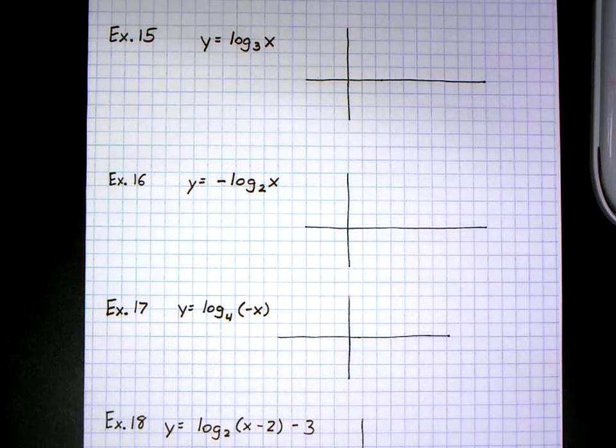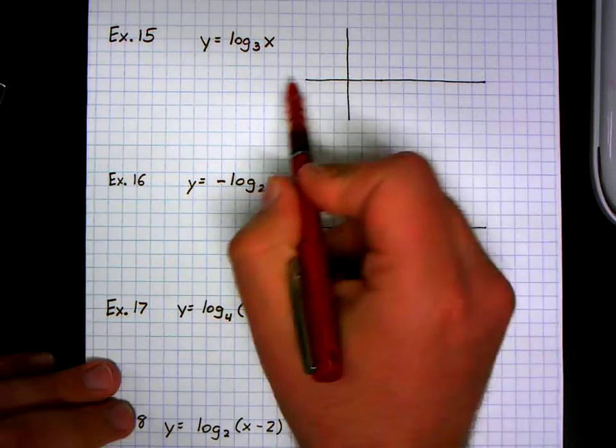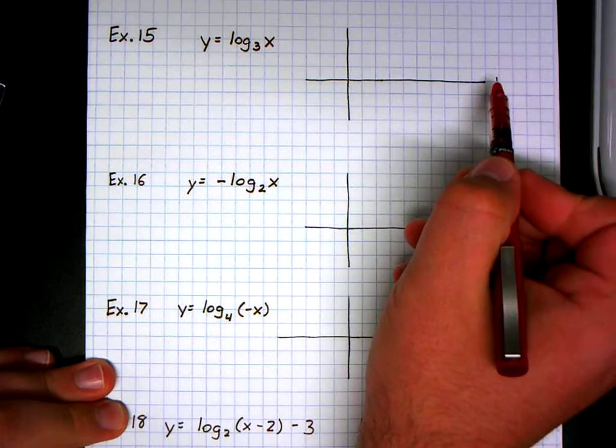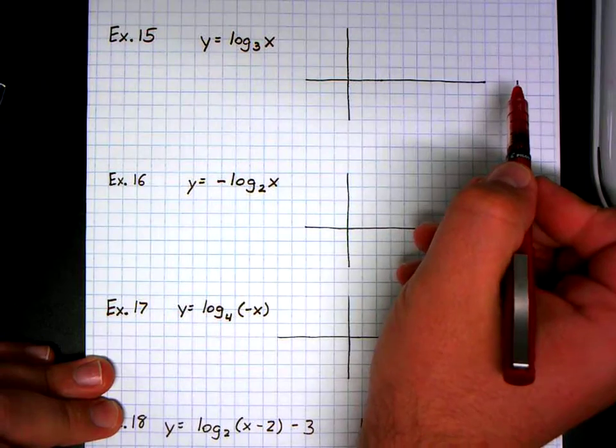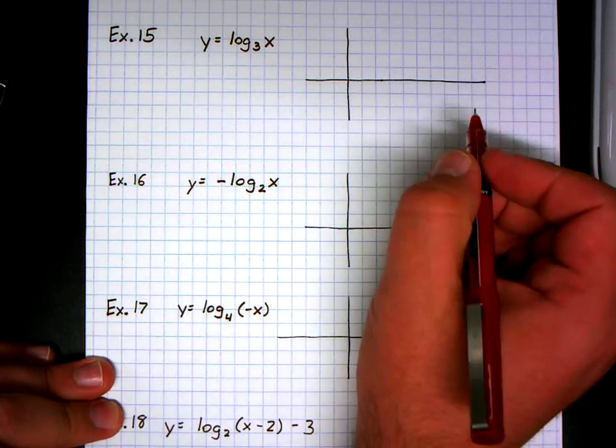Okay. The base graph. First of all, logarithms are the inverse of exponentials. So exponentials have an asymptote that is horizontal. The inverse of a horizontal line is a vertical line, so logarithms have an asymptote that is vertical.